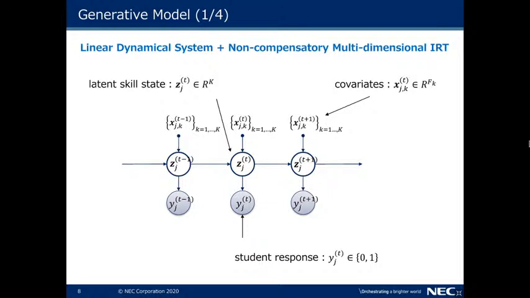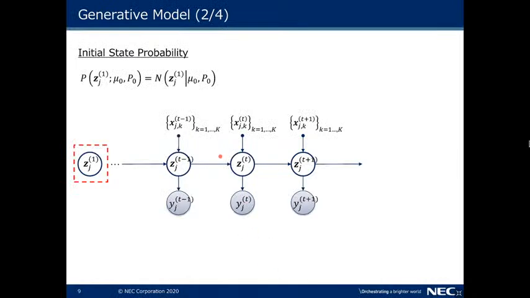In the next 3 slides, I will define the initial state probability, state transition probability, and emission probability. The first is the initial state probability. The initial state is drawn from a Gaussian, which is the same as a linear dynamical system, so I skip this slide.